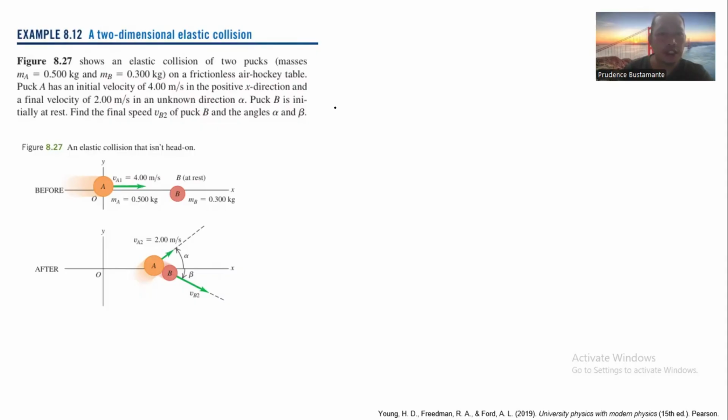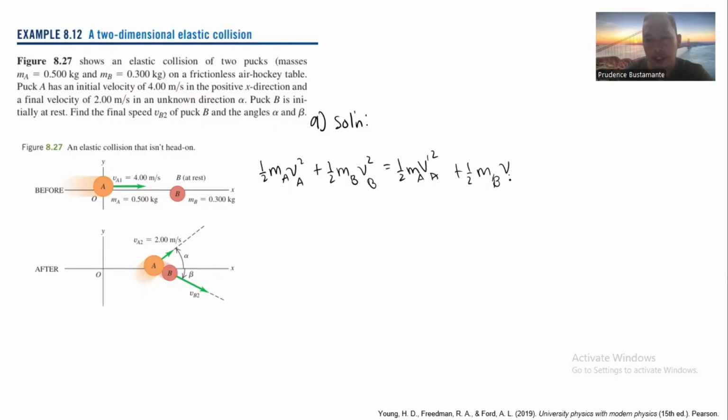Solution: first you need to find the final speed of puck B. You can use the kinetic energy, which is conserved here. So 1/2 MA times the speed of A squared plus 1/2 MB times the speed of B squared is equal to 1/2 times the mass of A times the velocity of A prime squared, the final, plus 1/2 MB times the velocity of B prime squared.